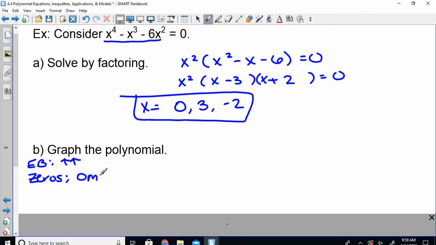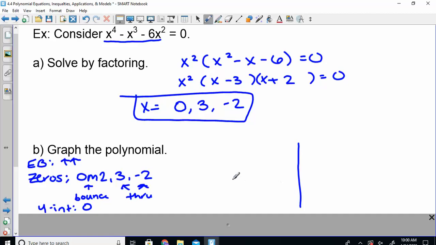Technically, 0 would have had a multiplicity of 2 because of the squared. 3 and -2. What's going to happen after 0? Any others? Y-intercept. If you plug in 0 for all of your x's, you get out 0.